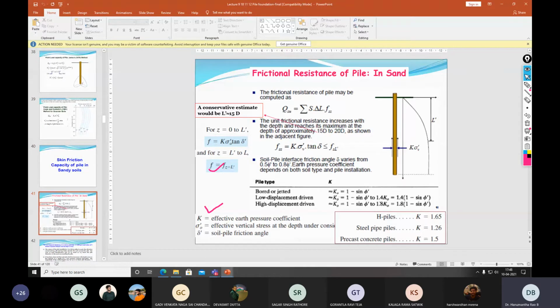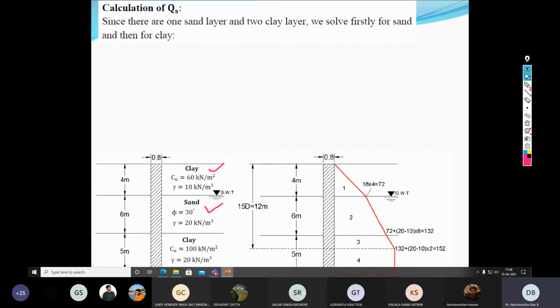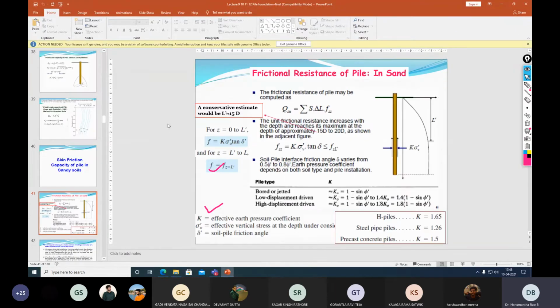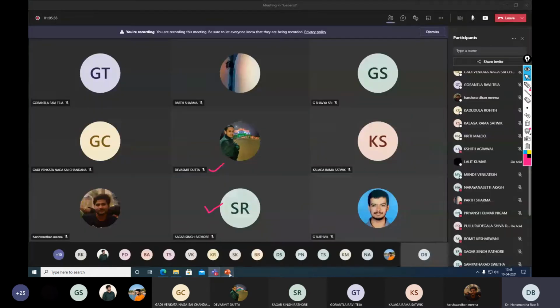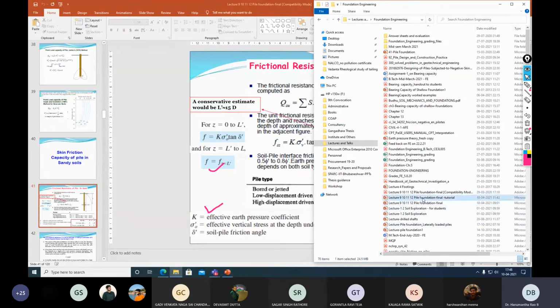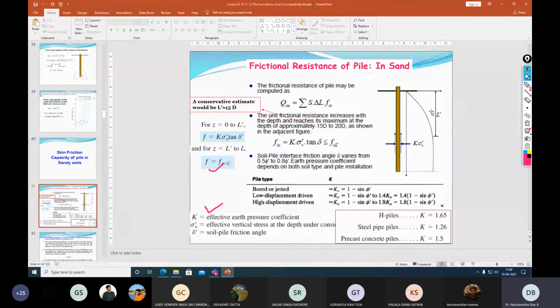Here I am showing, if you want to determine the skin friction of a pile in sand, first you need to draw the variation of the skin friction.